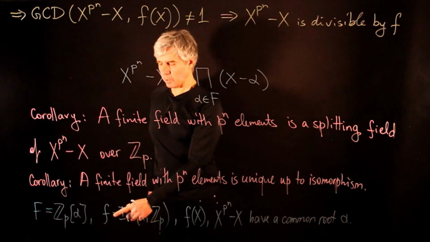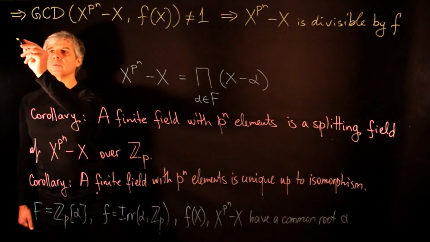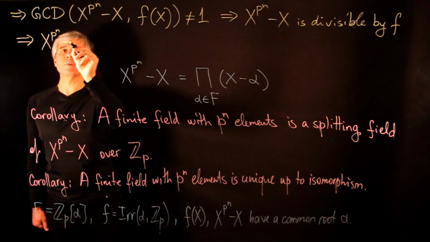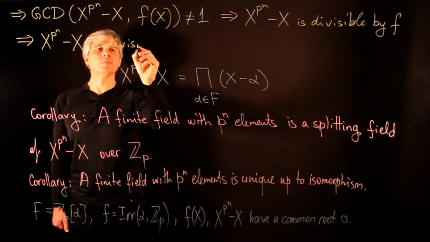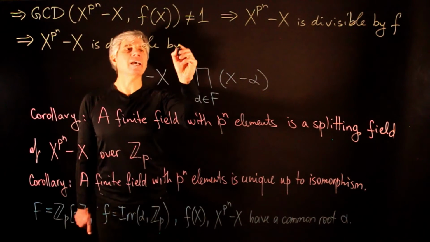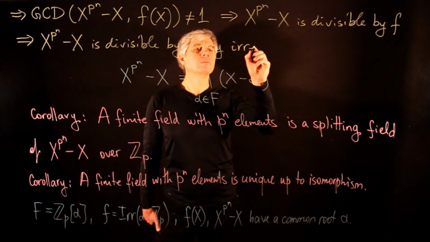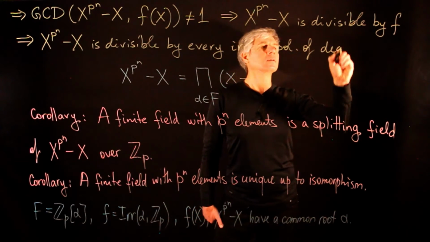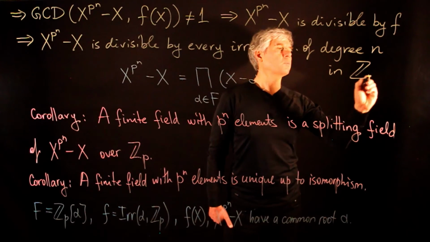But as f, we can choose any irreducible polynomial of degree n. So we conclude that the polynomial x to the p to the n minus x is divisible by every irreducible polynomial of degree n in the ring Zp of x.